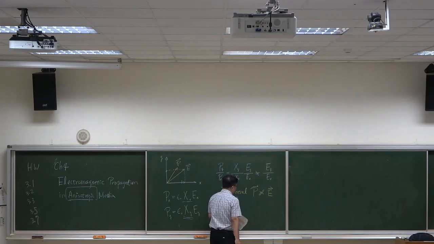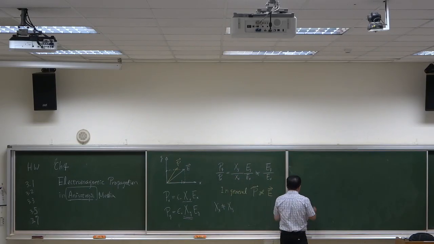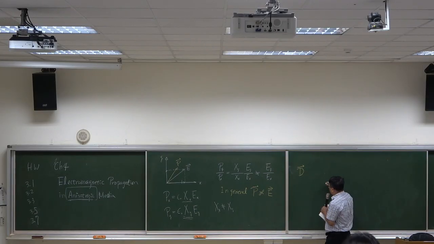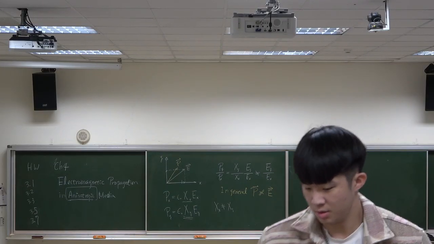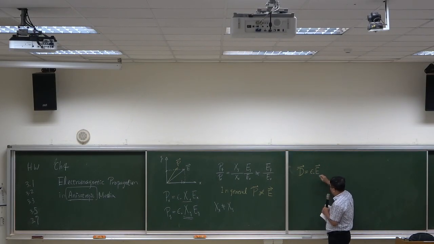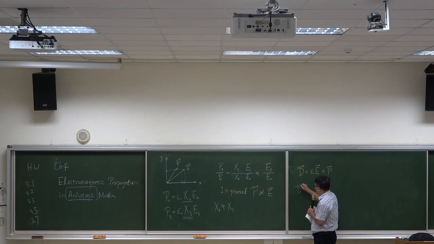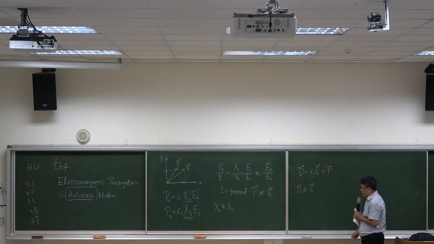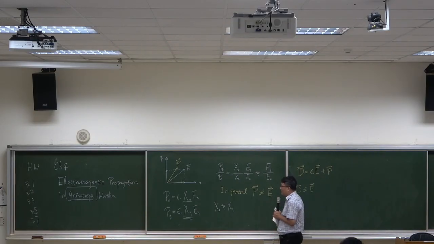Okay. So this also implies that when we consider the D vector, the displacement field, D vector is the sum of epsilon 0 E plus P. So D vector is also, in general, not parallel to the direction of the E vector.